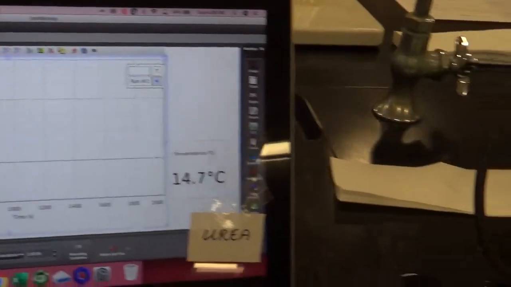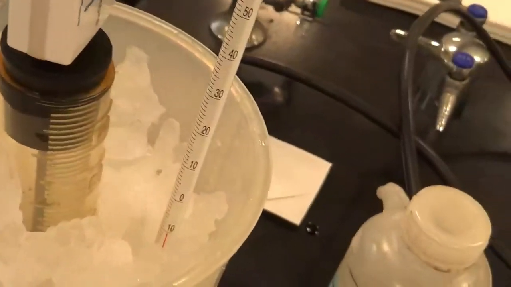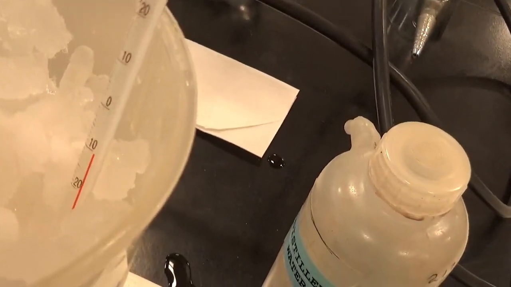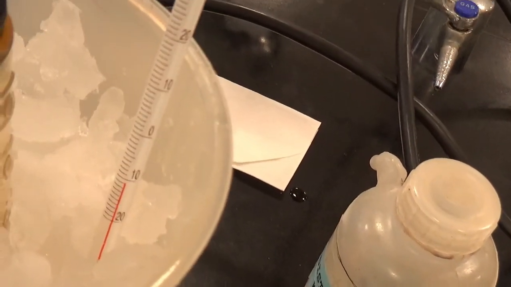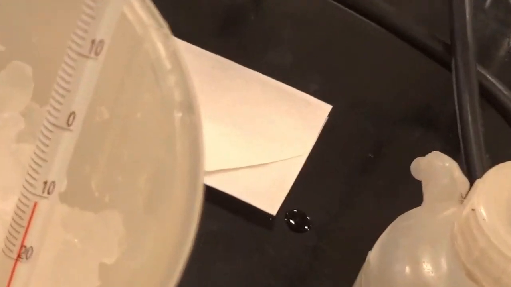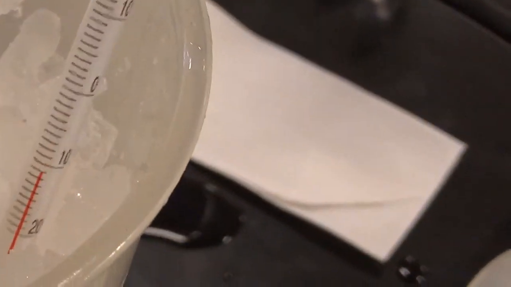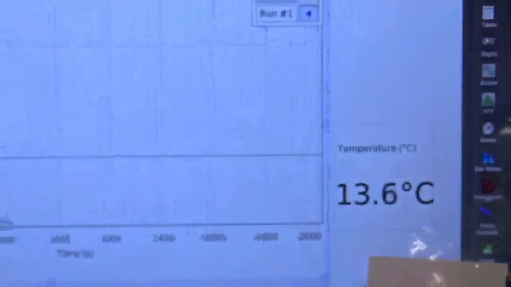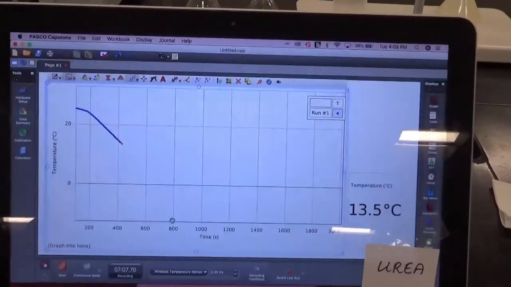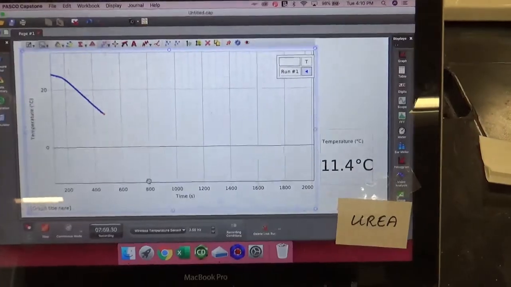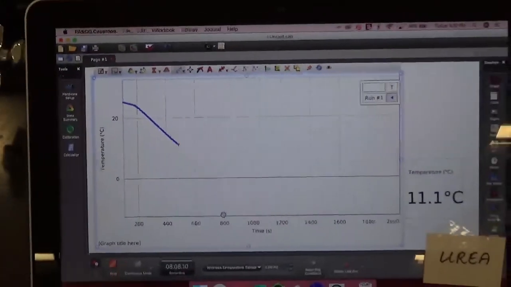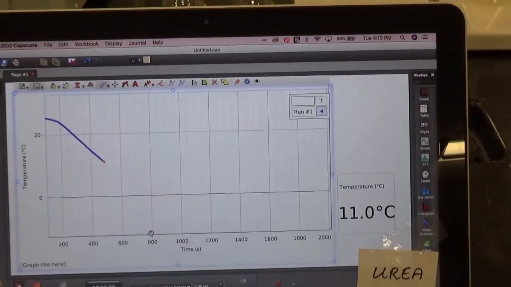I've measured the temperature of the bath. Looks like it's below negative 10 degrees C. We're at 13.6 and dropping. It's falling fast, and the temperature is 11 degrees now.